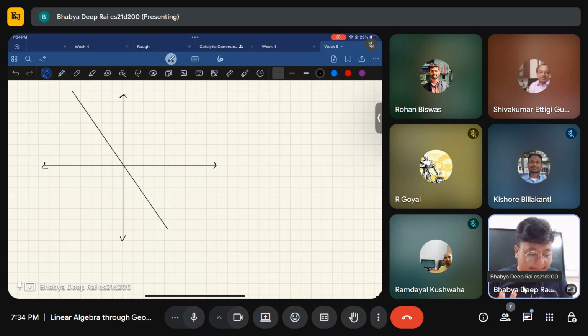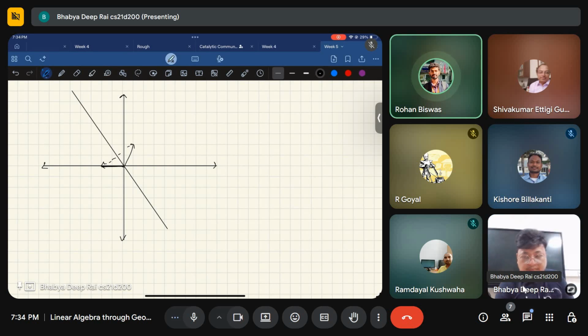If you have a vector here, and it gets mapped to, say, here, it does not matter. Is it like the midpoint lies on that line, and then putting it in the line's equation, you will find some formula?